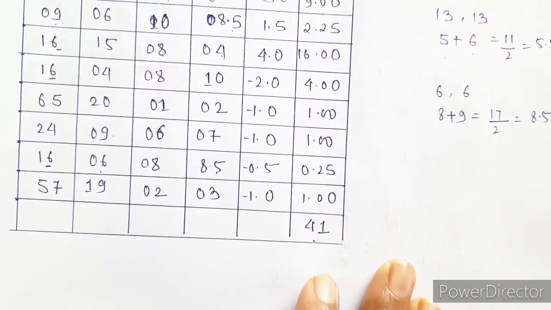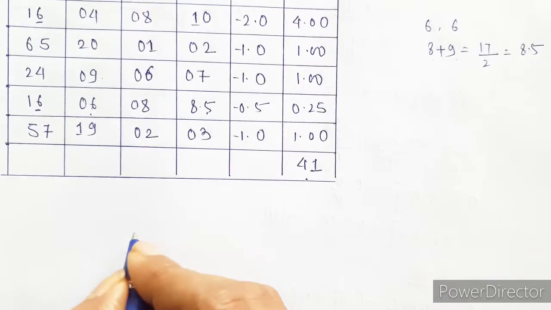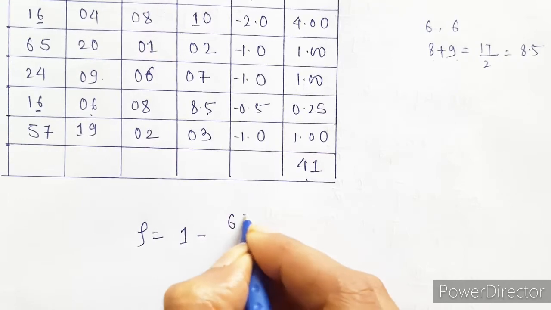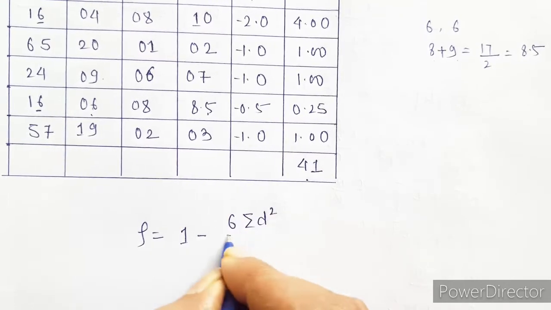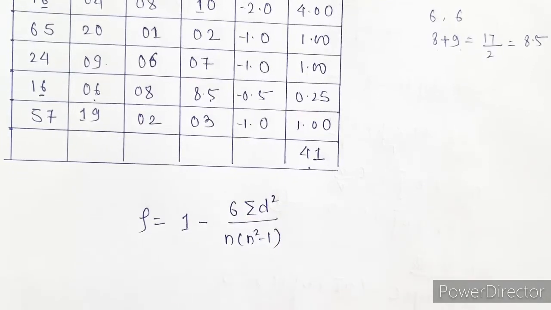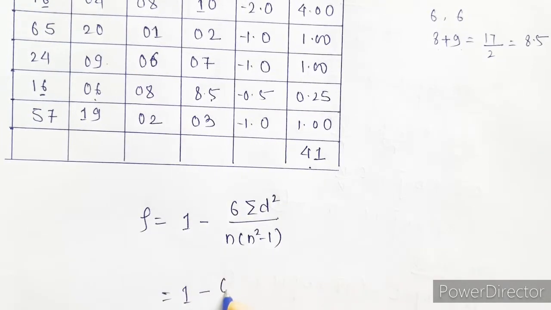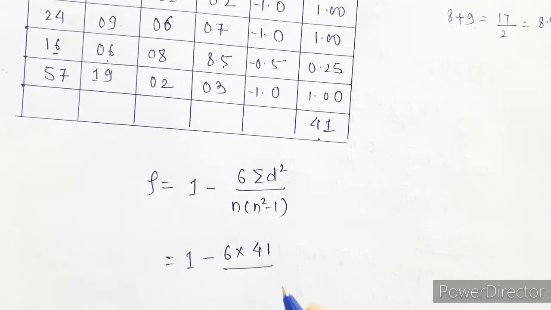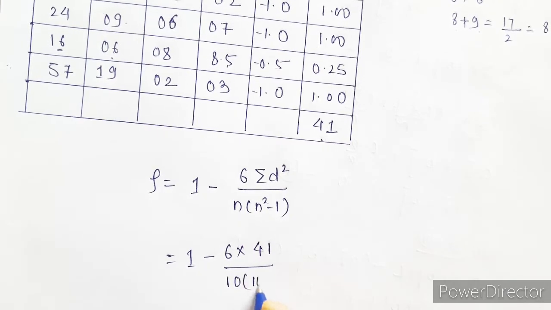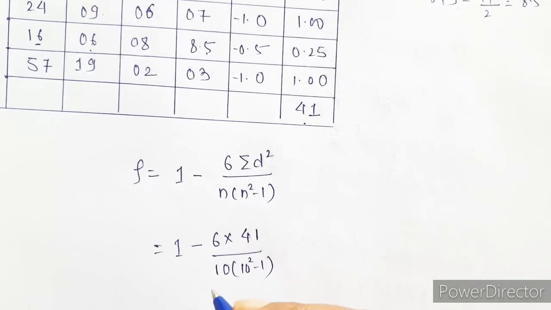Now we have to find the rank correlation coefficient, and it is given as 1 minus 6 times summation of D square upon n times n square minus 1. So let us substitute: 1 minus 6 times summation of D square, which is 41, upon, there are total 10 observations, so 10 times 10 square minus 1.